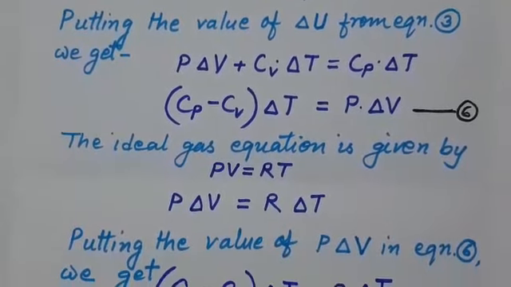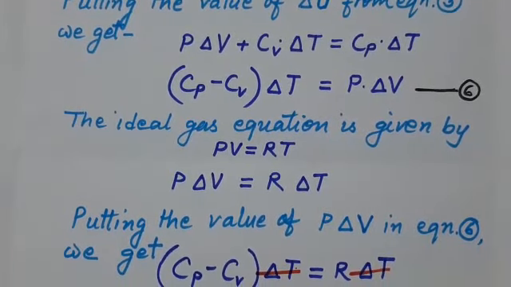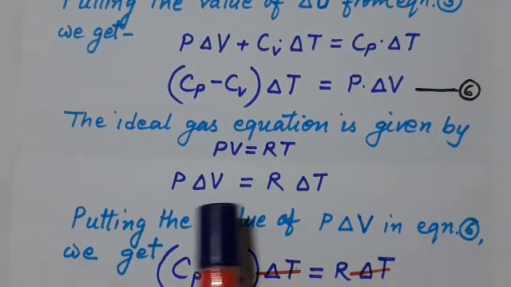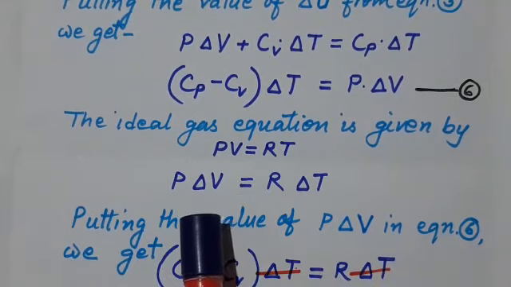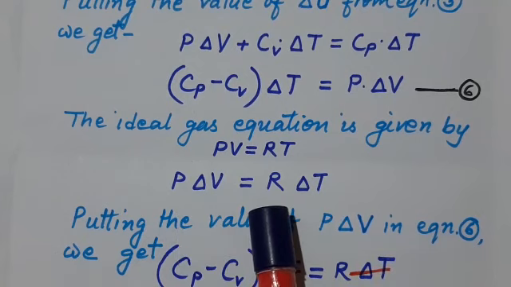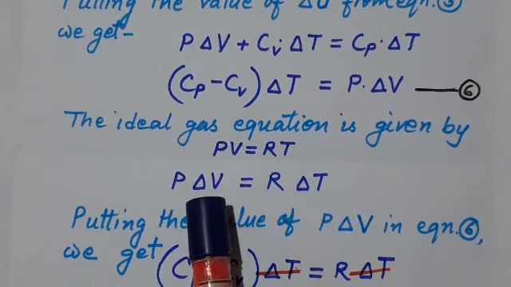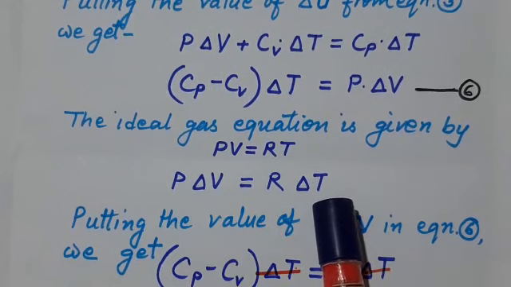In case of the ideal gas equation, PV equal to RT, it means P into delta V is equal to R into delta T, for a small change in volume and a small change in temperature.